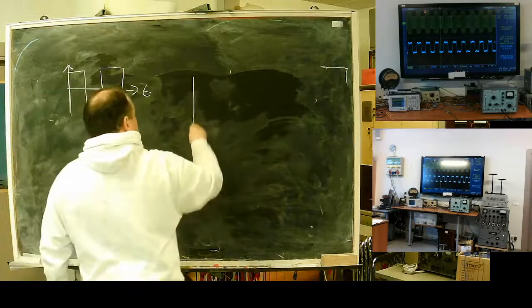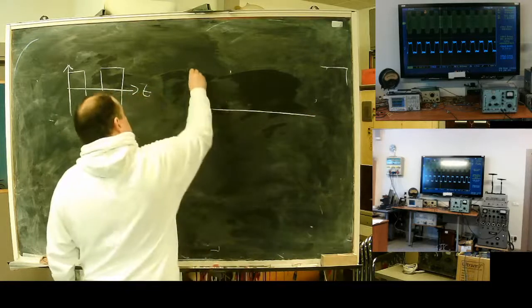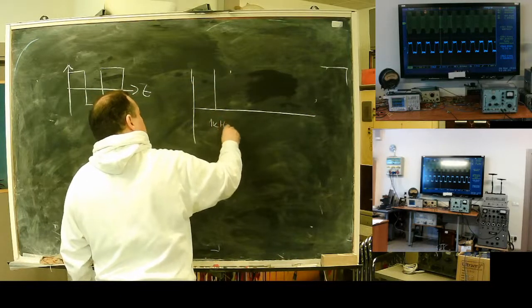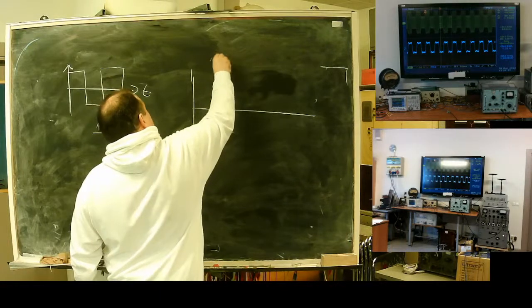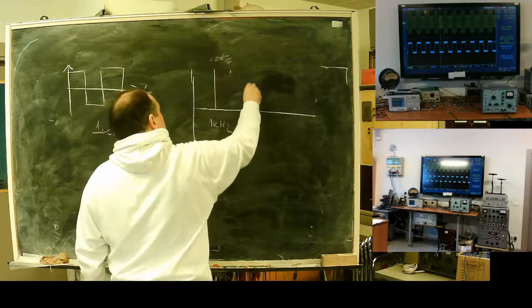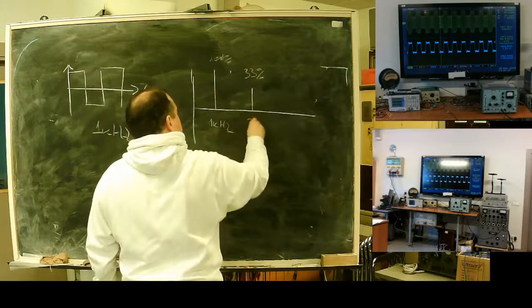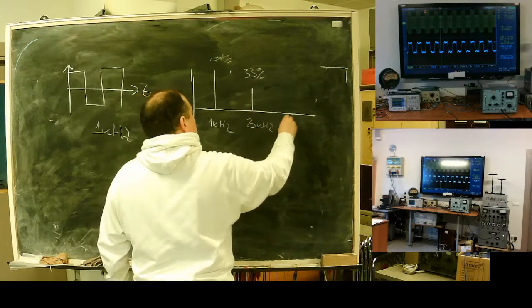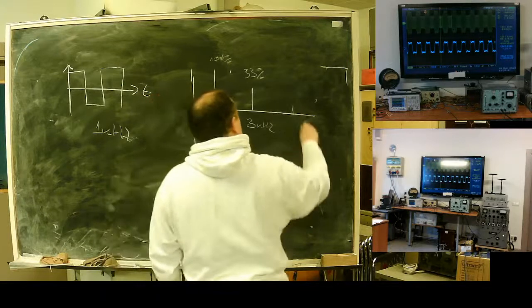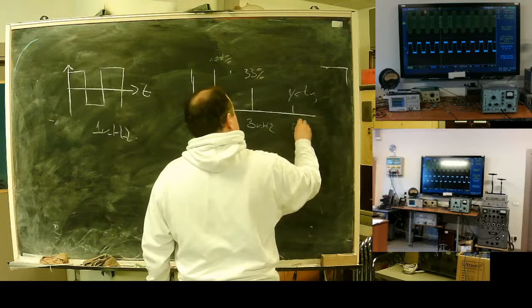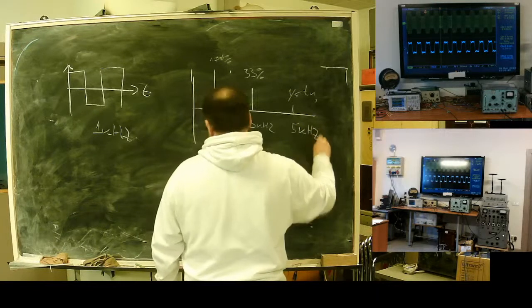The spectrum of such a signal consists of a 1 kilohertz line, let's say 100%, 1/3 at 3 kilohertz, and 1/5 at a frequency of 5 kilohertz.